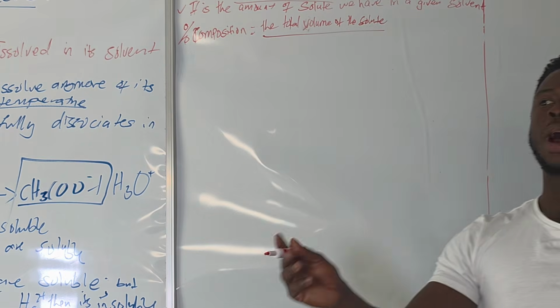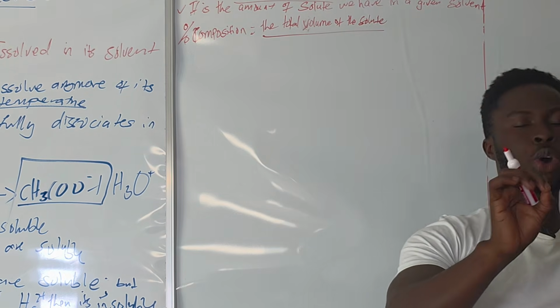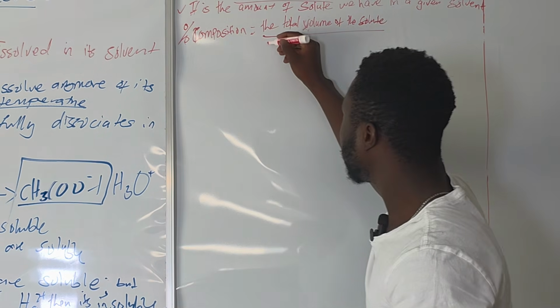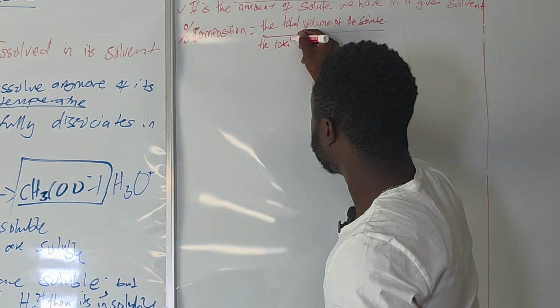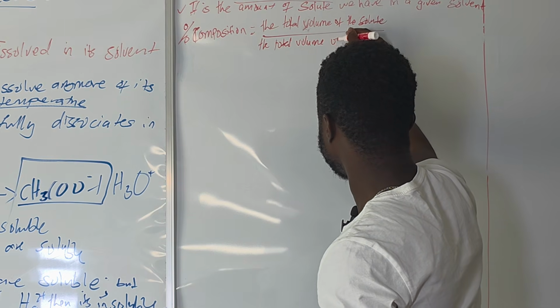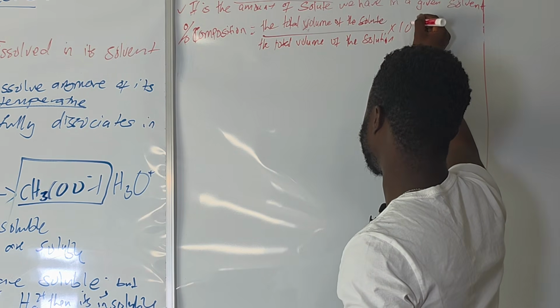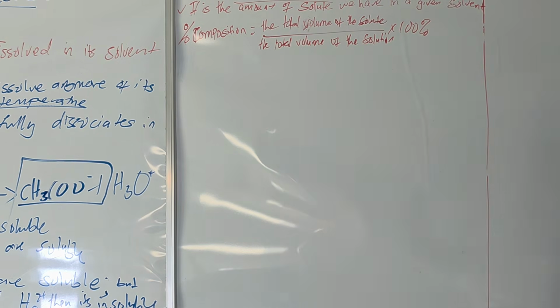So let's say when you go buy alcohol, the total volume of pure alcohol in it is, say, 10 liters, divided by the total volume of the solution. So of the entire solution, then you multiply that by 100%. So when they say this alcohol is 14%, it just means the alcohol content in it is 14%.